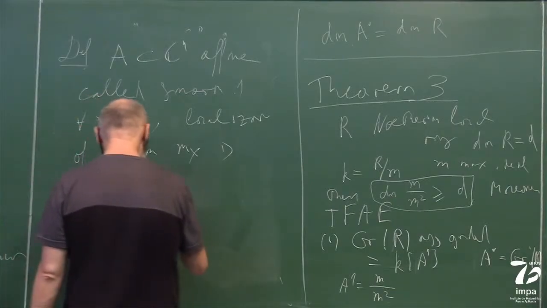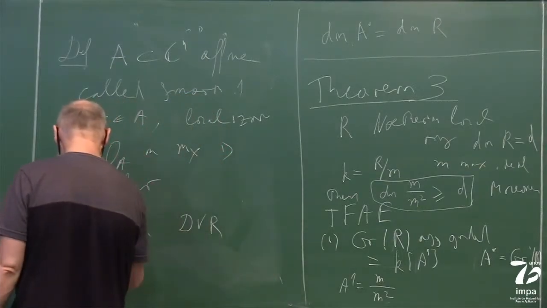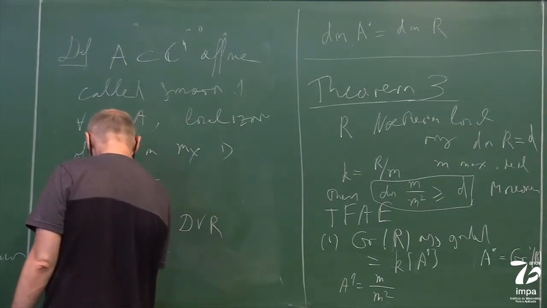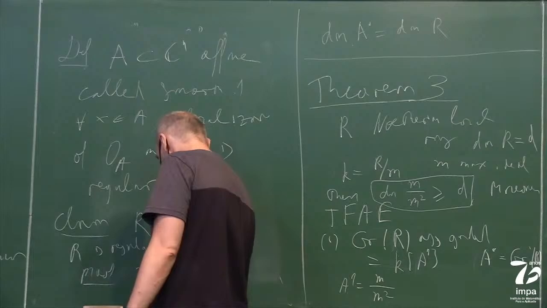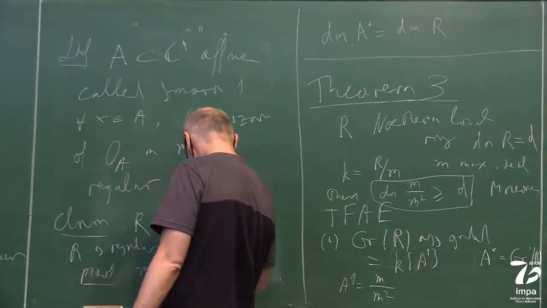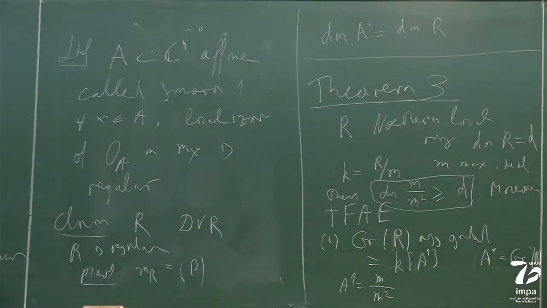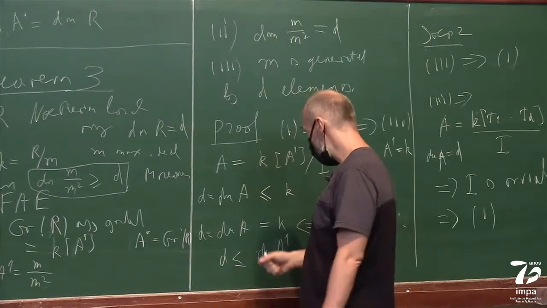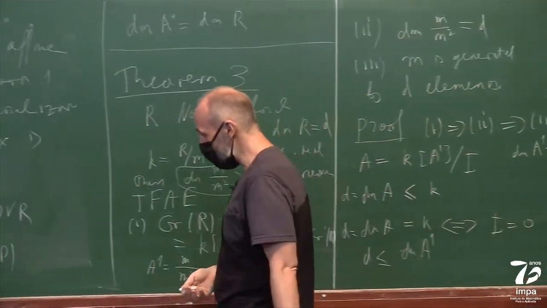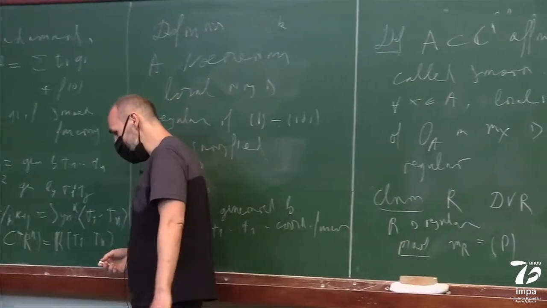If R is a discrete valuation ring, then R is regular. Proof: the maximal ideal of R is principal, and we use the third condition in the definition, which says that if the maximal ideal is generated by D elements, where D is the dimension, then it is regular. Here D is 1.